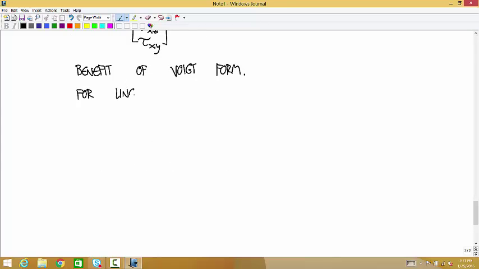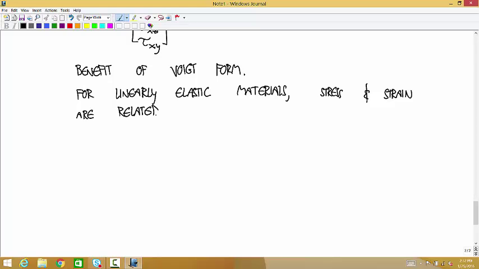For linear elastic materials, the stress and strain are related according to the Voigt strain, and I'm going to write out these values.